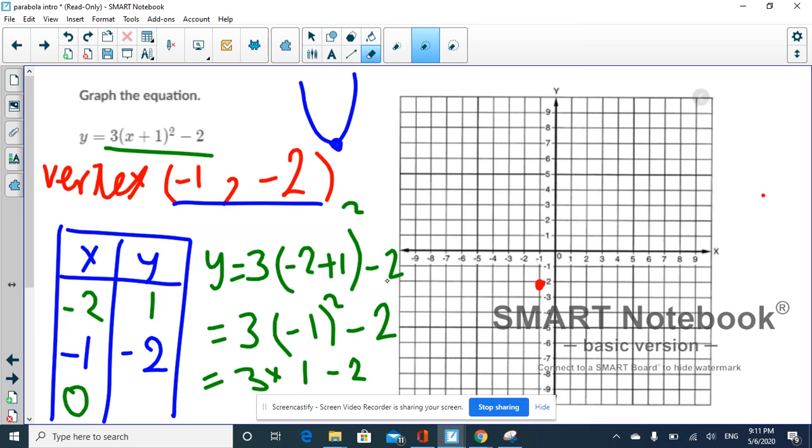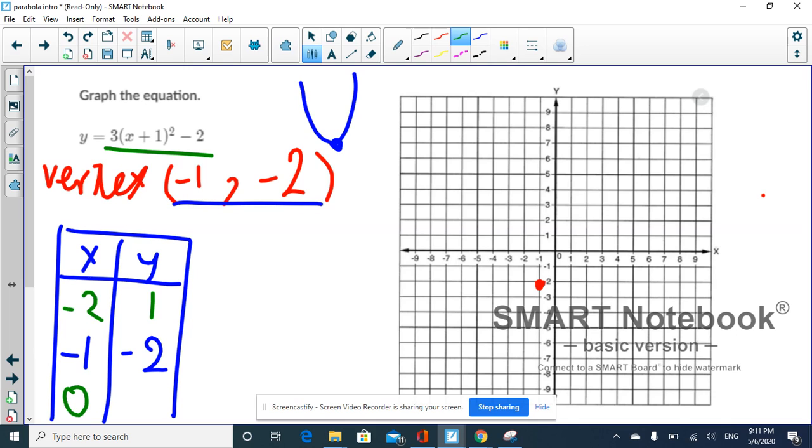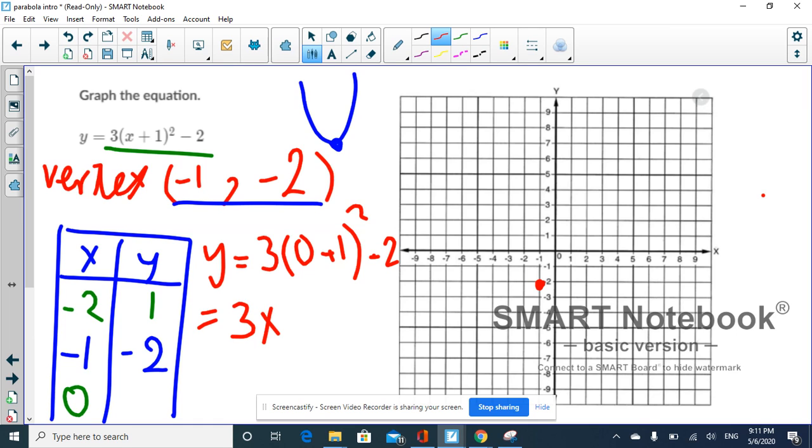When x equals 0, what is the value of the function? Or find the value of y. x equals 0. So y equals 3 times (0 + 1) squared minus 2. y equals 3 times 1 squared, 1 times 1 is 1, minus 2. 3 times 1 is 3, 3 minus 2 is 1.